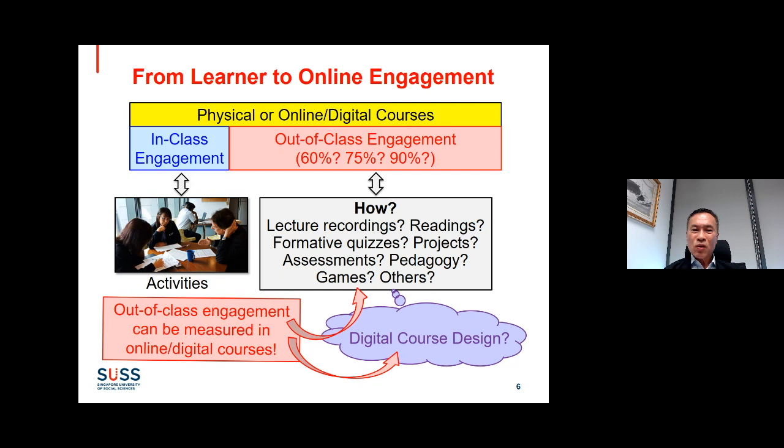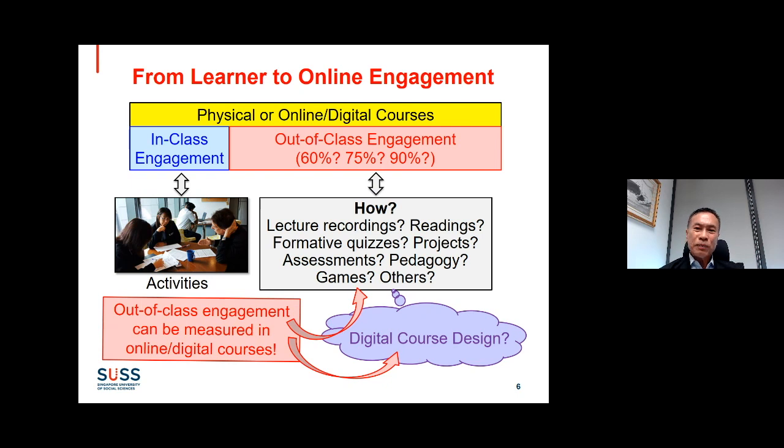So when we observe out-of-class engagement, we are still concerned about engagement as a whole for the course, because engagement is very much associated with learning, with performance, with course completion and attrition, and with also course satisfaction. And this brings us to the topic of today, which is digital course design.